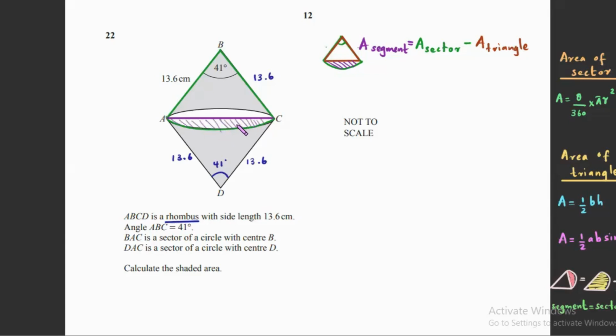The same way, I have another region right on top of that as well, but it's going to be the same thing because the angle and the radii of that circle are also the same, which means I can find the area of the unshaded region by doubling this answer that I get. If I do that, I will be able to find the area of the unwanted region, or the unshaded region.